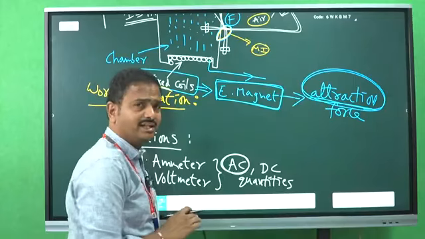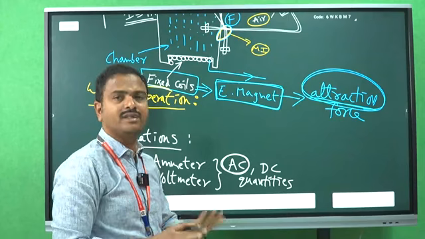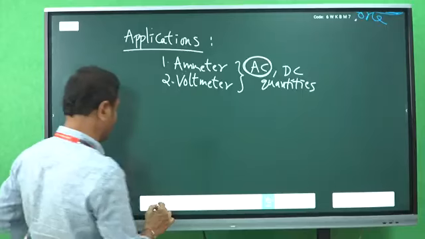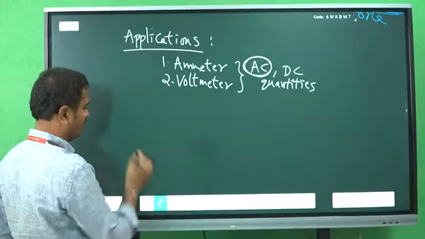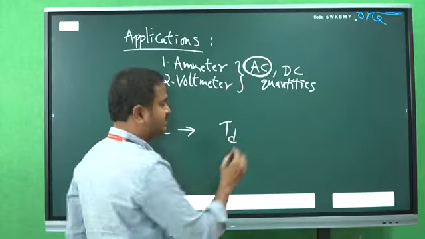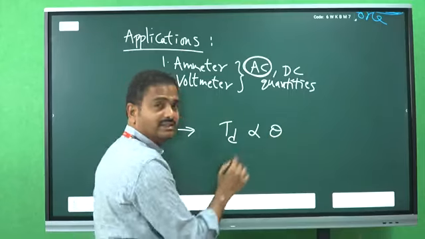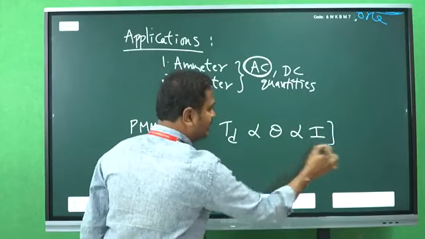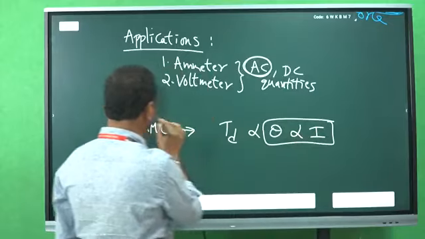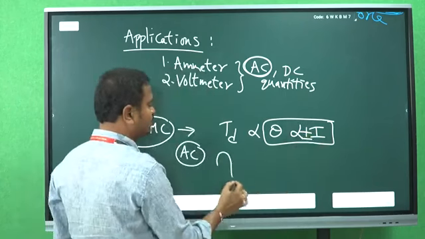In the previous class I explained about PMMC instrument, right? So PMMC instruments are only for DC quantity measurements, because in a PMMC instrument the deflecting torque is proportional to theta, the angle of deflection. This angle of deflection is proportional to the magnitude of current. So if we connect this PMMC instrument in the AC supply, then in the AC we have a positive peak and negative peak, right?